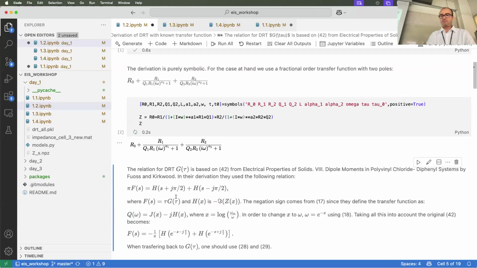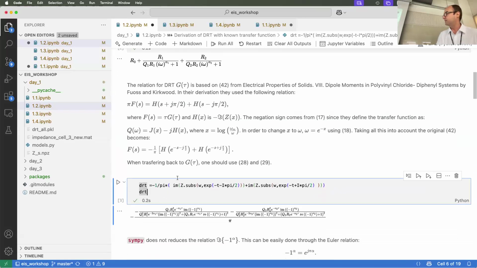So let's define it. This is my model, and what I have to do is take the imaginary part of my impedance, this is H, and change it. Instead of j omega, put s minus j pi half. Just a change of variables, nothing special. I can start doing it by hand, but I can ask Python to do it instead.